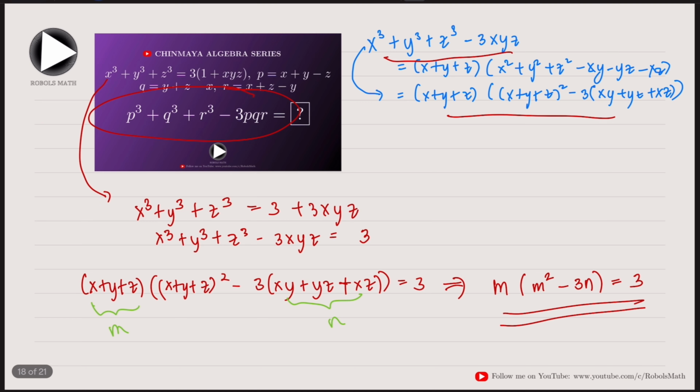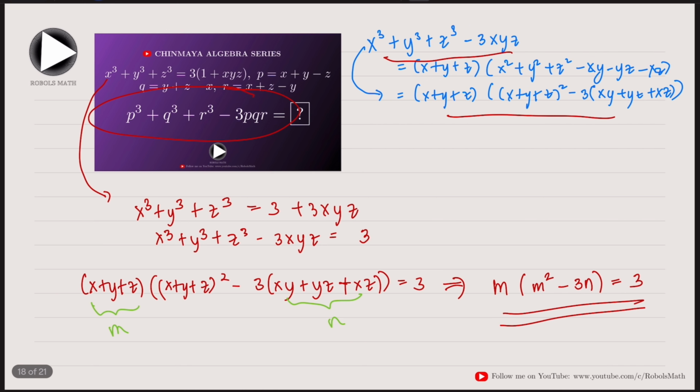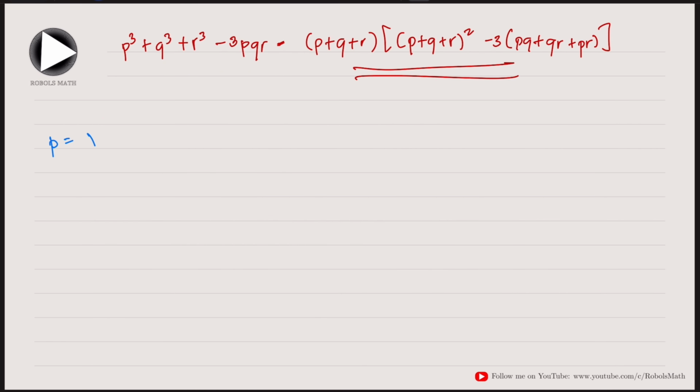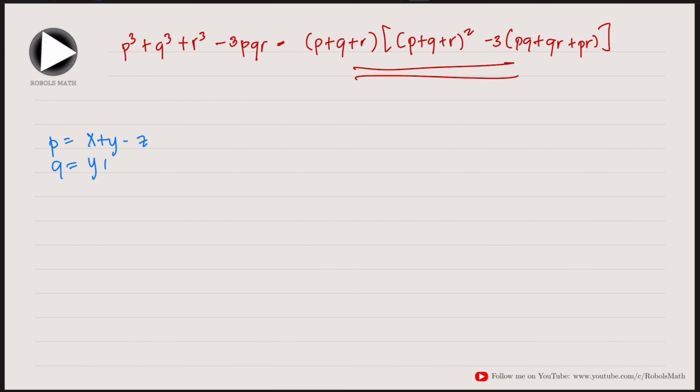And to do that, we will have to make use of the given expressions for p, q, and r. We have p is equal to x plus y minus z. We have q as y plus z minus x. And lastly, we have r as x plus z minus y.